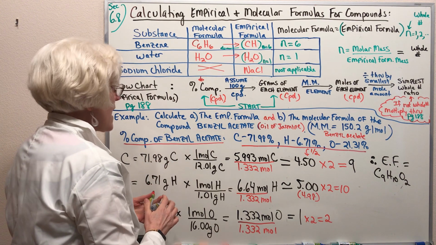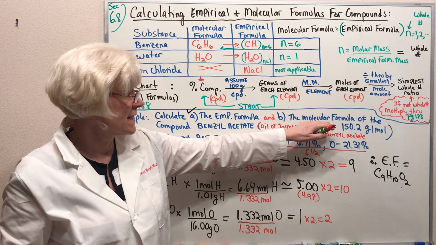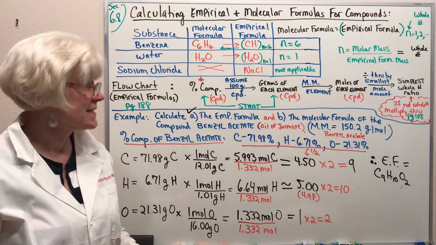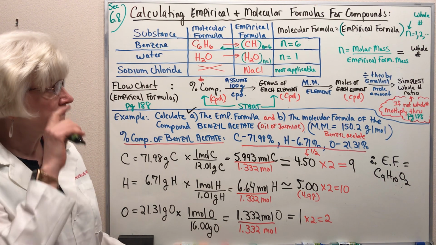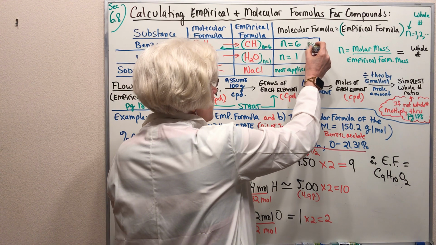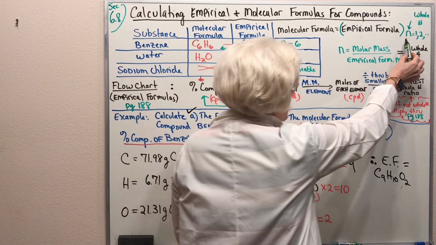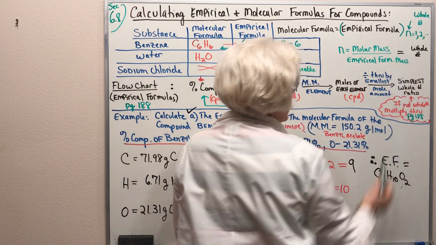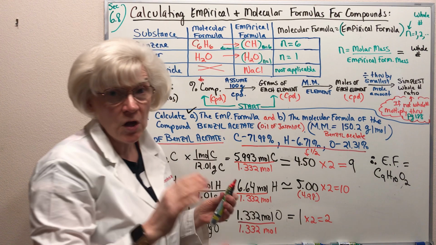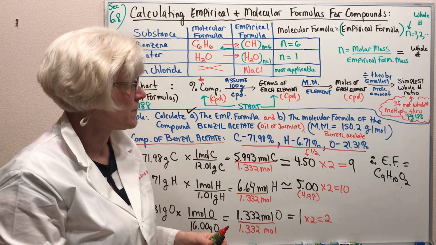So we have done the first step. But we were asked to calculate the molecular formula of benzyl acetate as well. That means I'm going to have to come up with what the value of N is, because you take the empirical formula and multiply it through by N, which is always a whole number, in order to get the molecular formula.